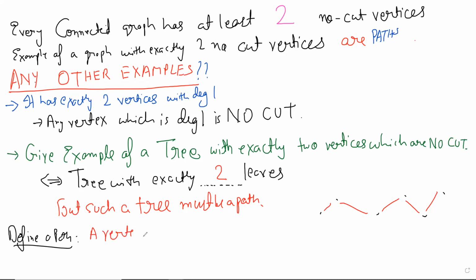Okay. No, this is not a correct definition. You are right, because if you remember the last class, we were doing binary trees. So there also it is like that. Yeah. So this definition, and I know something can be added to make it correct, but let's not go into that.